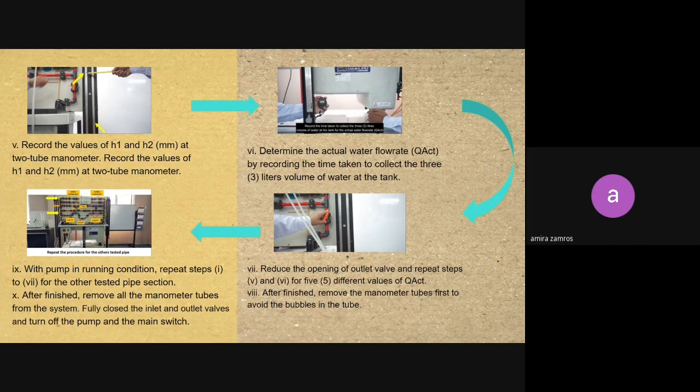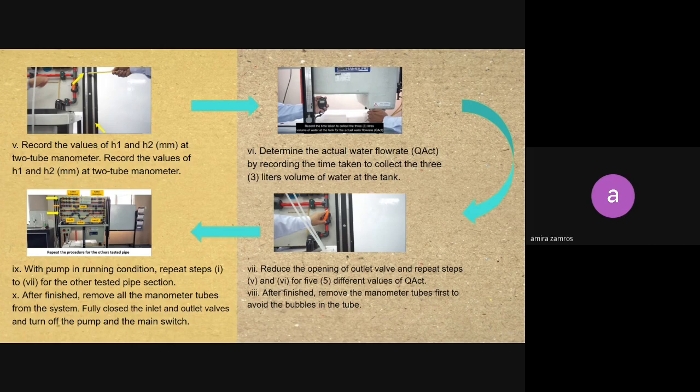Next, we need to determine the actual water flow rate, Qx, by recording the time taken to collect 3 liters volume of water at the tank. We need to reduce the opening of the outlet valve and repeat steps 5 and 6 for 5 different values of Qx.